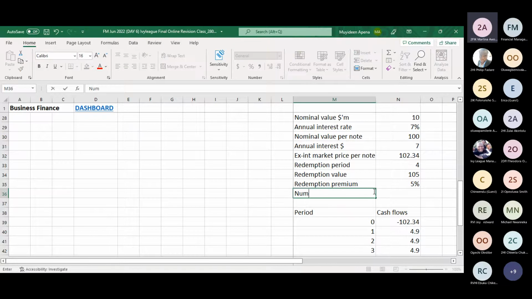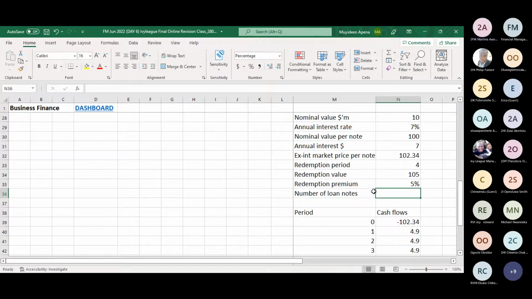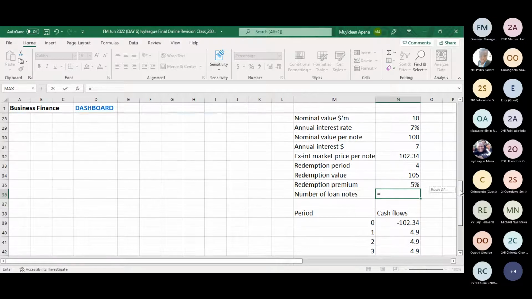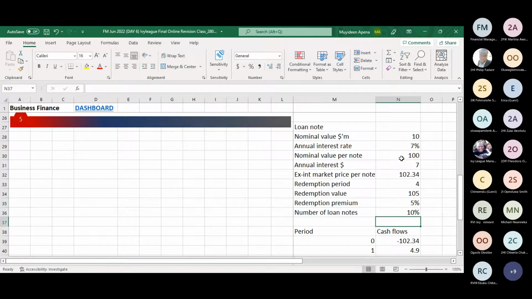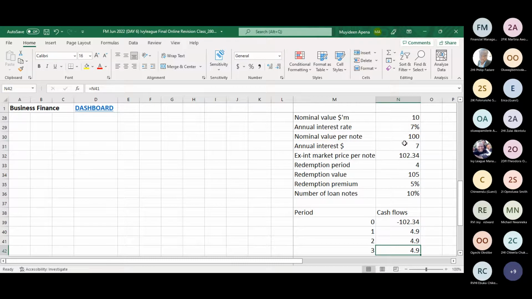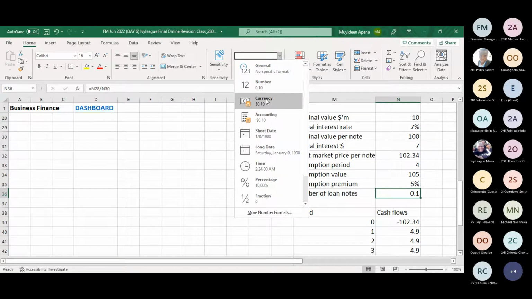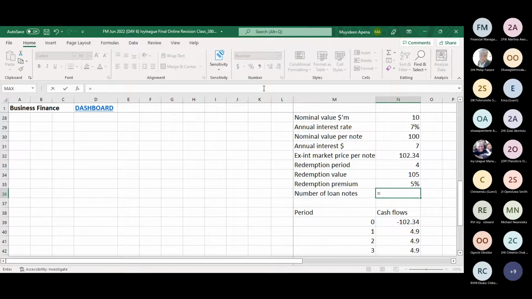Number of loan notes equals total nominal value of 10 million divided by nominal value per loan note, which gives us 100,000.